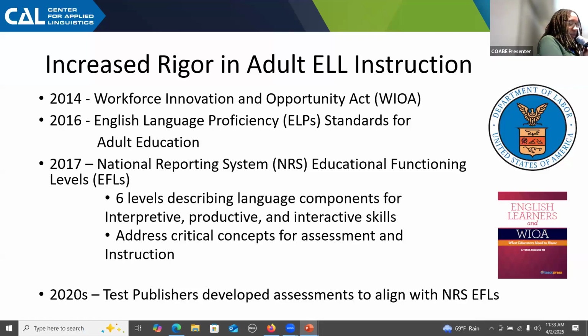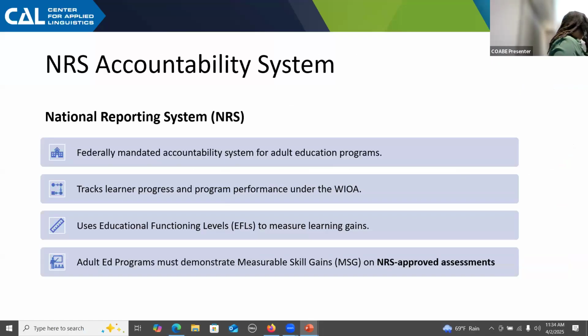Given policy shifts in the 2020s, test publishers like CAL had to develop assessments aligned with the new NRS EFLs. Let's take a look at how the NRS accountability system supports these changes. The NRS, or National Reporting System, is a federally mandated accountability system that is used to track learner progress and program effectiveness under WIOA.